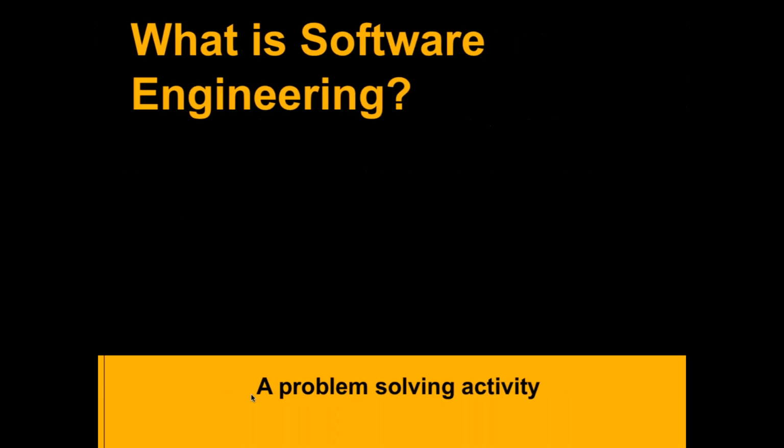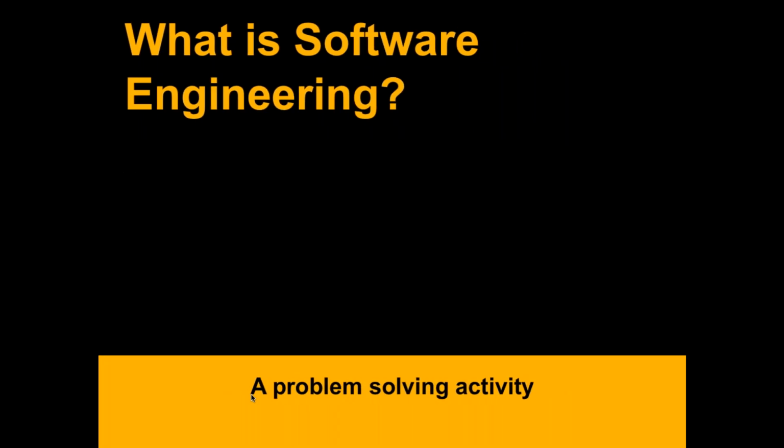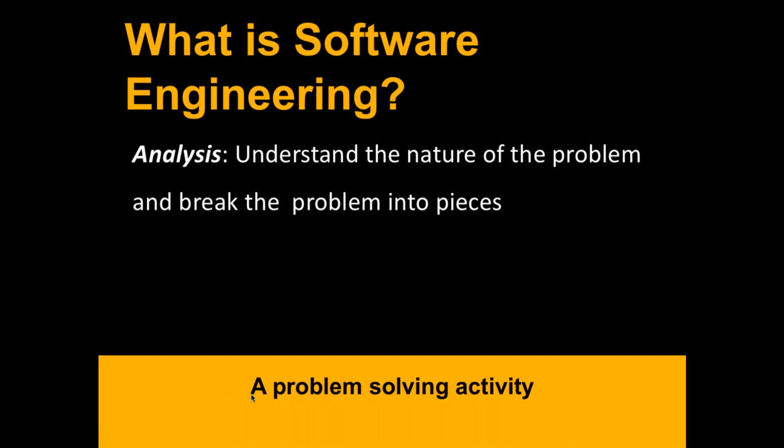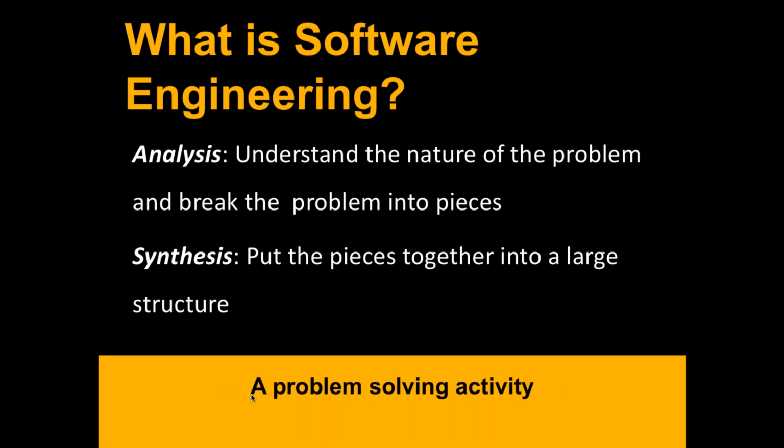Now, let's think about what is software engineering. You can think of software engineering as a problem-solving activity. It comprises two tasks: analysis and synthesis. In the analysis part, we try to understand the nature of the problem that we have at hand, and then we break that problem into smaller pieces.